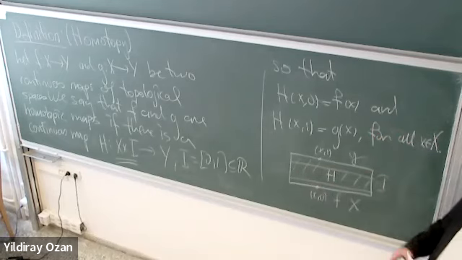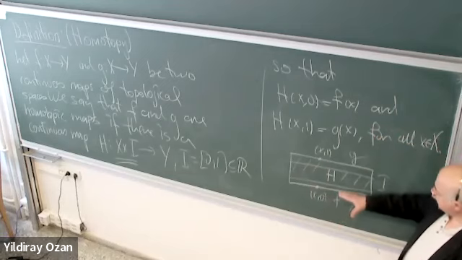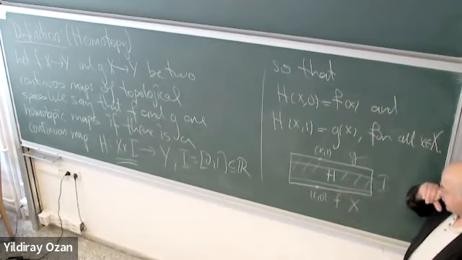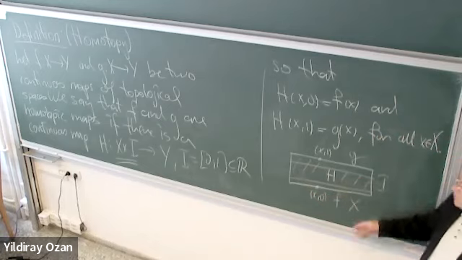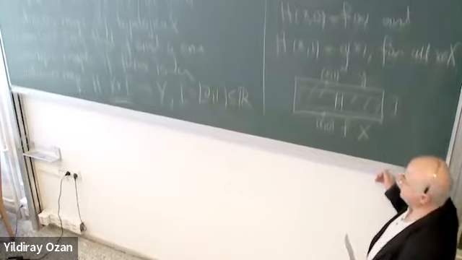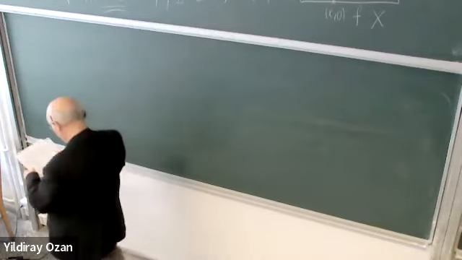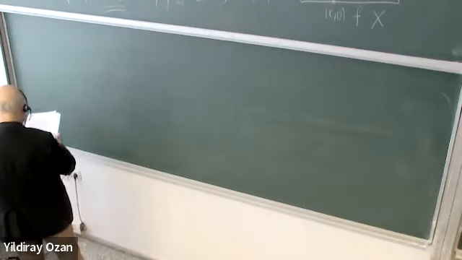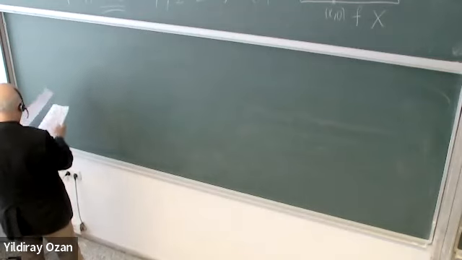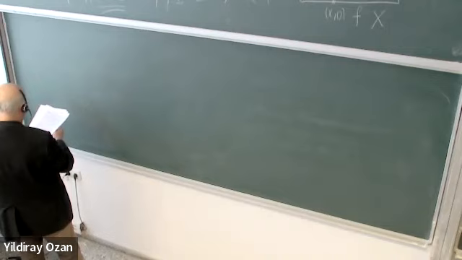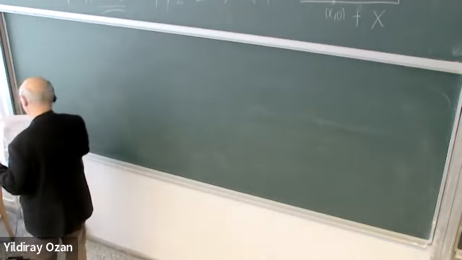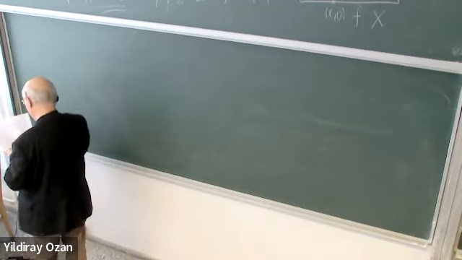It is more than saying that at each level X cross t, this map is continuous. It is more than that, actually.